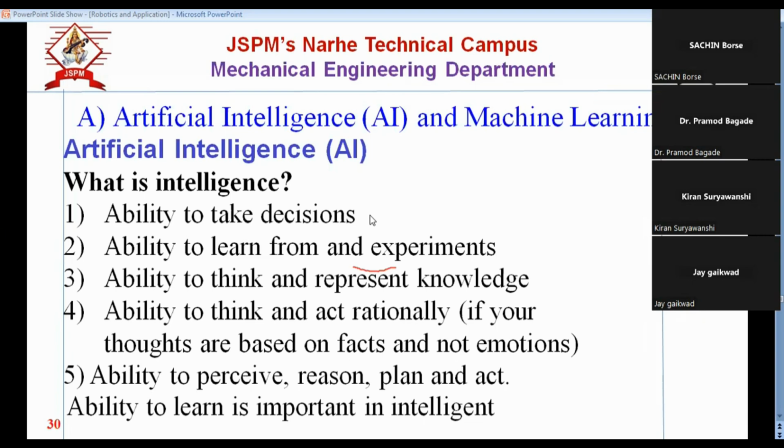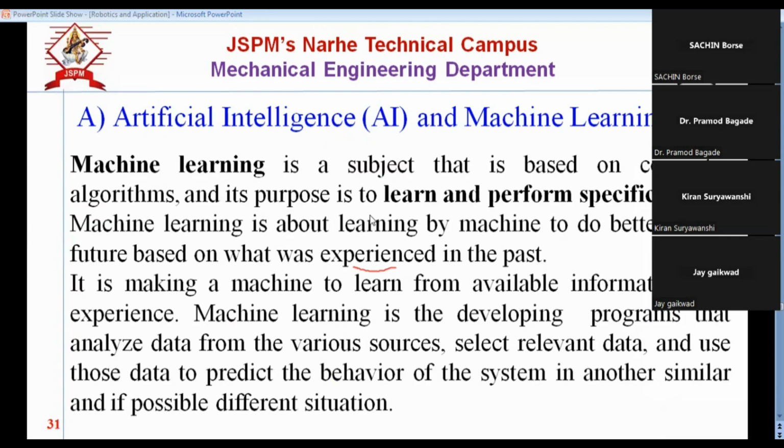If a person goes into a different situation, whether he is able to survive in that situation, that is called intelligence. One very important characteristic of intelligence is the ability to learn. So if we want to make a machine intelligent, then we also have to give the machine the ability to self learn. That is called machine learning. The machine will learn from past experience. That is called machine learning.